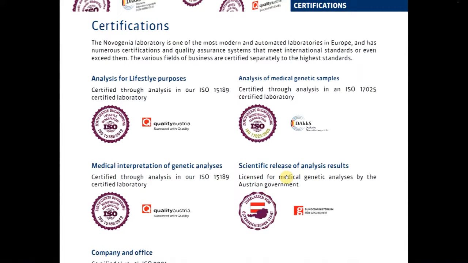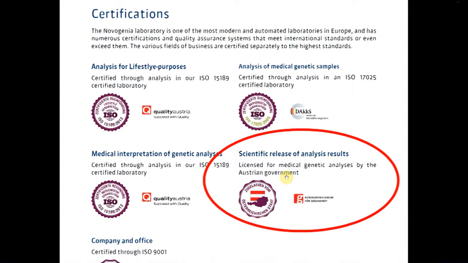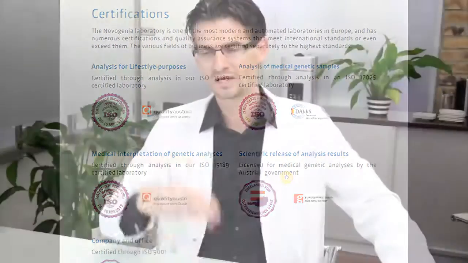So for one thing, this here is from the Austrian state. And many countries have genetic testing laws, which are meant to protect consumers from discrimination against genetics and so on. And they are in a different form in different countries. And as far as I'm aware, Austria in Europe has the most strict genetic testing laws.